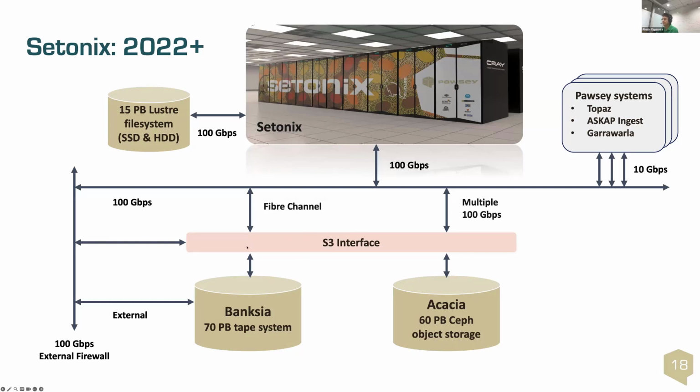There is this S3 interface. This is an object storage. It's not a typical disk. It's an object storage that uses S3 technology, developed by Amazon. So you will need to use special protocols to put your data here in a more permanent space if you need so.